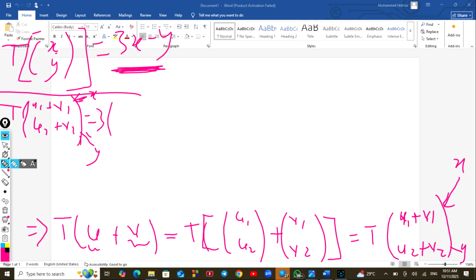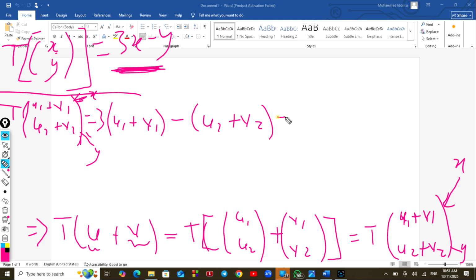So in place of x we have u1 plus v1, minus, in place of y, u2 plus v2.